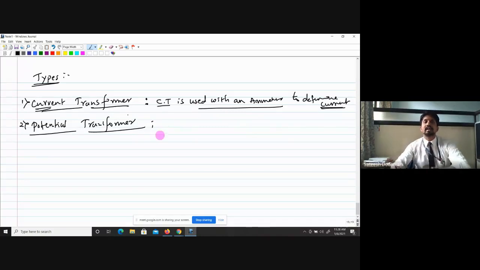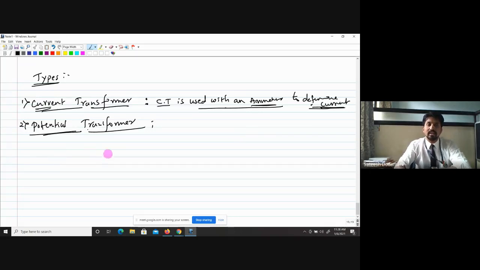A current transformer is a type of instrument transformer which is used with a regular ammeter to check the current flowing in that particular circuit.